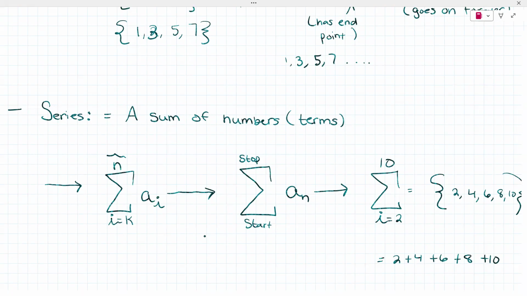So if you look at this series, we start at 2, and then we end at the 10th term, and you just add them up.